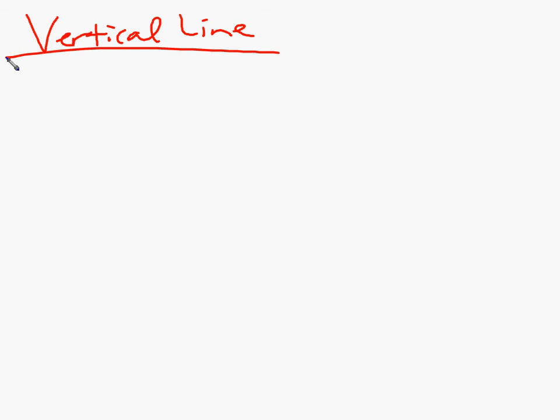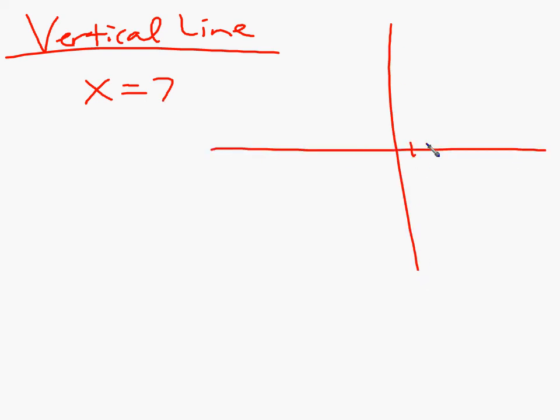If you see an equation that only has an x and doesn't have a y, like x equals 7, you automatically know it's a vertical line through 7. 1, 2, 3, 4, 5, 6, 7. You don't have to make a table. You don't have to solve it for anything. You can just draw the vertical line through 7. That makes it easy.